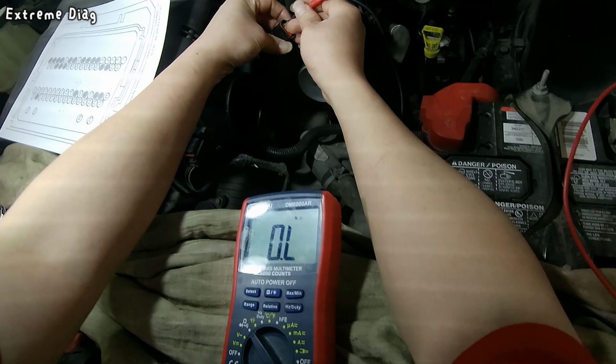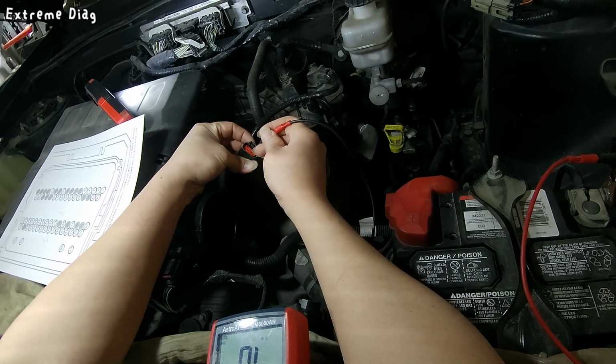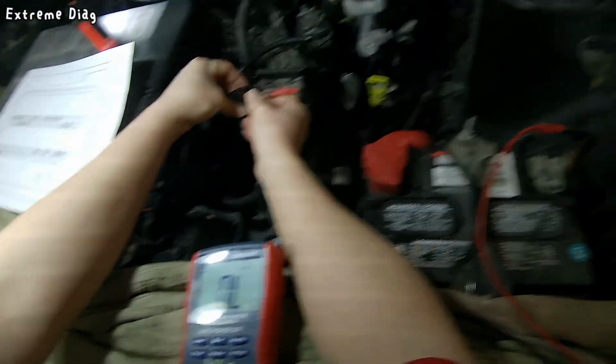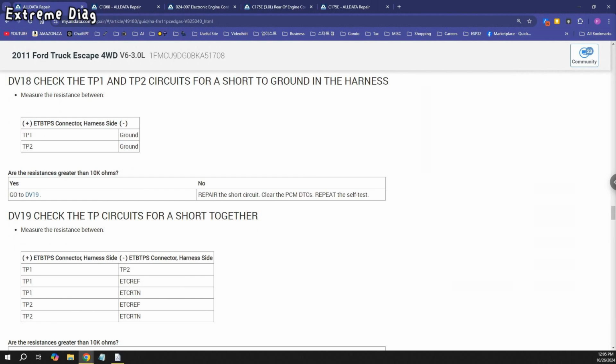TP1 reads OL. And TP2 also reads OL. OL means the resistance exceeds the measurable range, indicating no connection. The question is whether the resistance is above 10,000 ohms. The answer is yes, so proceed to DV19.